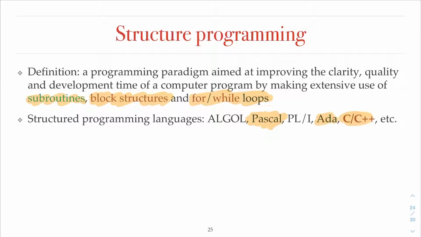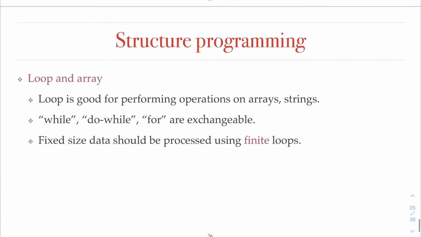And the language C++ we are using here is actually neither a pure structured programming language nor an object-oriented programming language. It's a kind of hybrid between them, because there is a history between C, the pure structured programming language, and the object-oriented programming language. Okay, that's for the definitions.